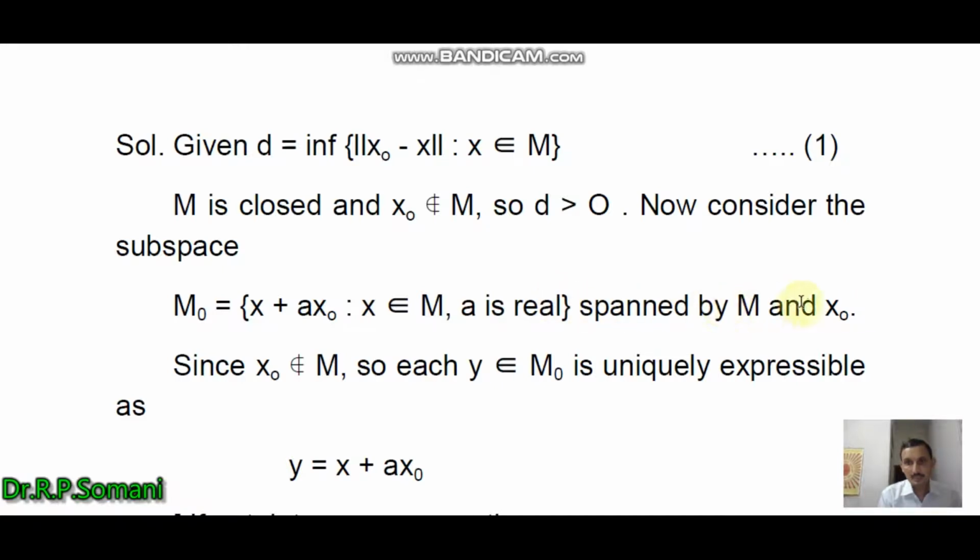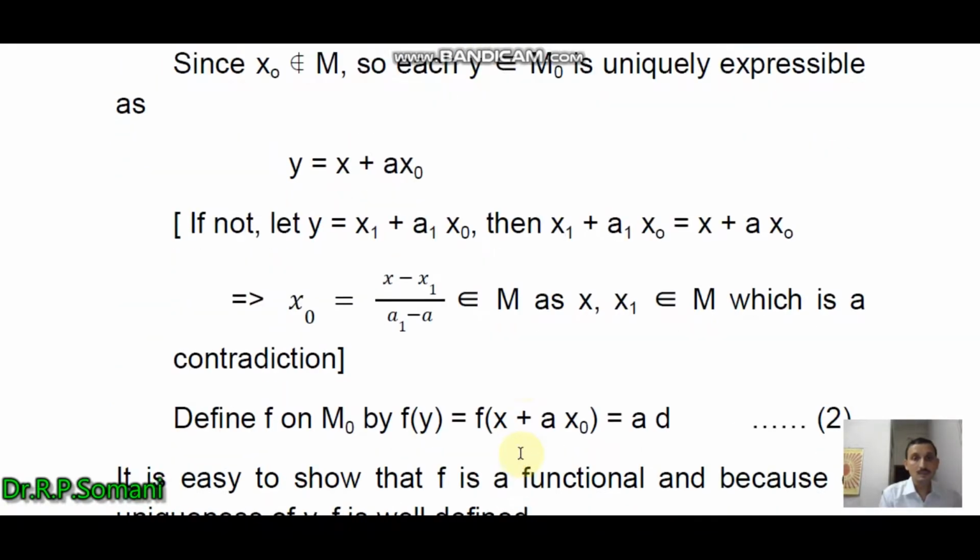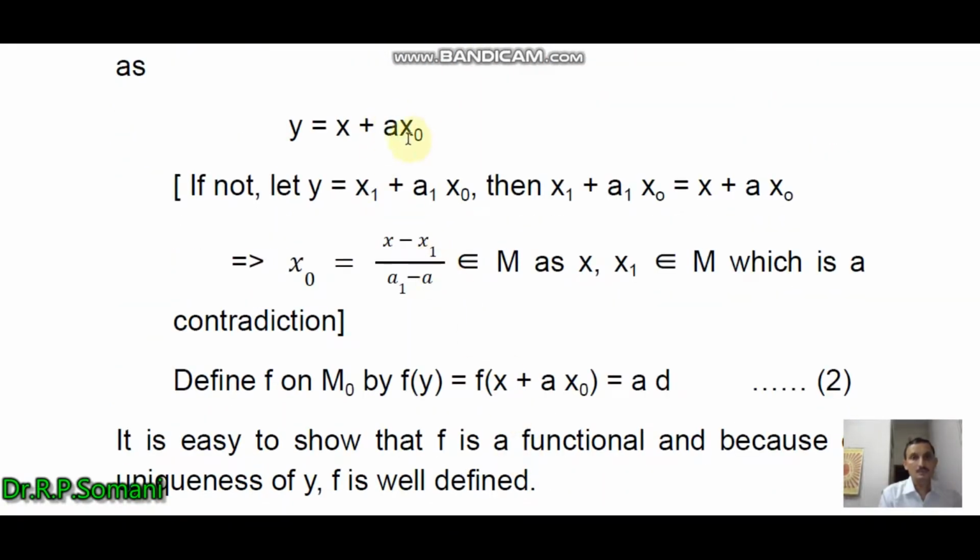This is spanned by M and x0, and since x0 does not belong to M, each y belonging to M0 is uniquely expressible as y equal to x plus a x0. If this is not possible, then we obtain a contradiction. Let y equal x1 plus a1 x0 be another representation of y.